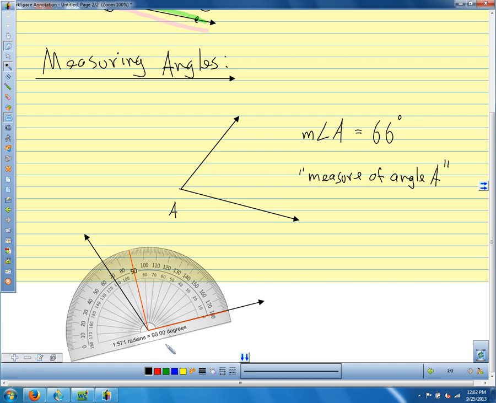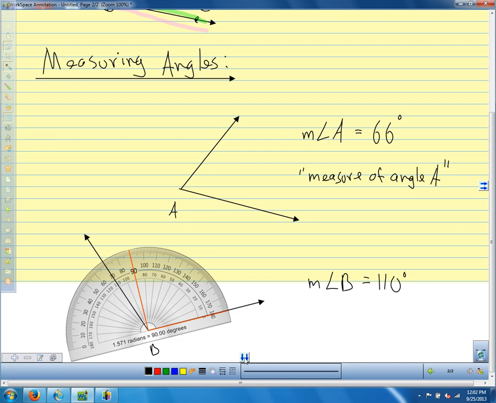So what would we say the measure of this one is? About 110. We'll call this one angle B. Measure of angle B equals 110 degrees. So we're at 90, 100, 110 here. Okay, got it?